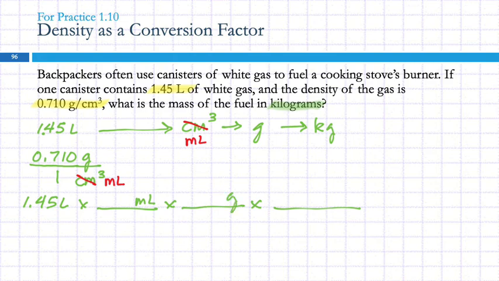To grams to kilograms. If you don't like this hack and you want to go from liters to milliliters to cubic centimeters, you go right ahead. There's nothing wrong with that. So liters comes down here, cancels. Milliliters comes down here, cancels. Grams comes down here and cancels.